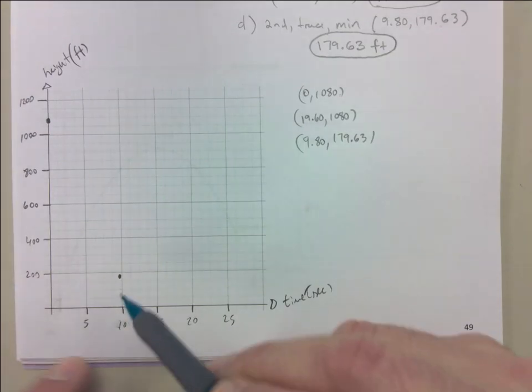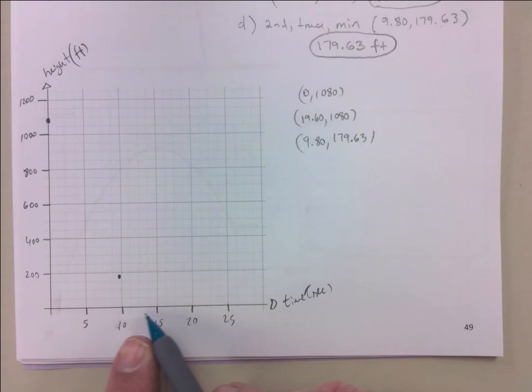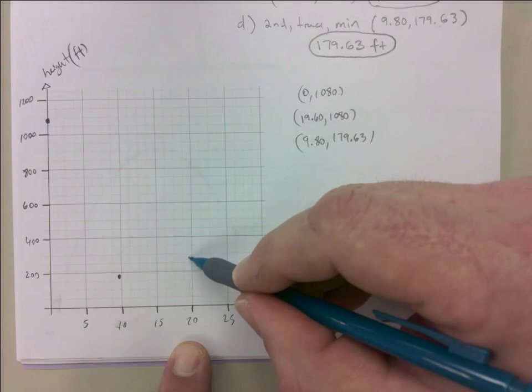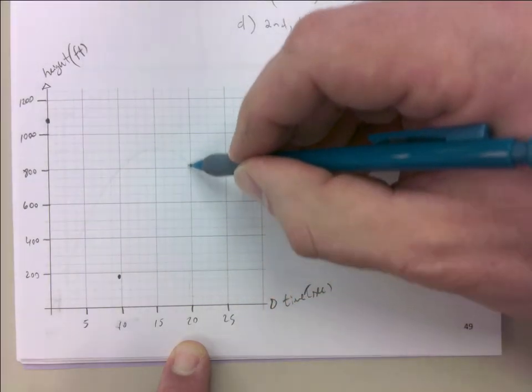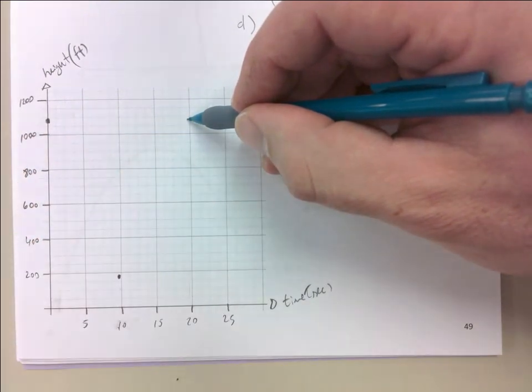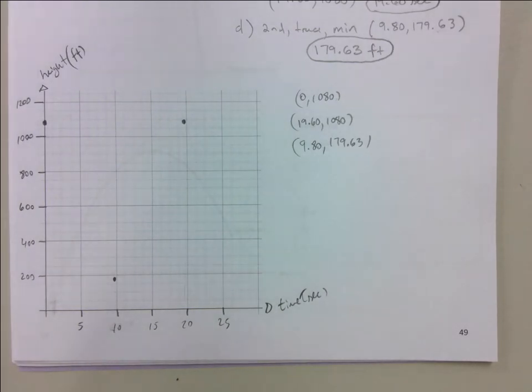Okay, so that's the vertex. Then I'm at 1960, which is right about here. I'm gonna go all the way up to 1,080. So back to where I started. So those are the only 3 points you have, but I would argue that's good enough.